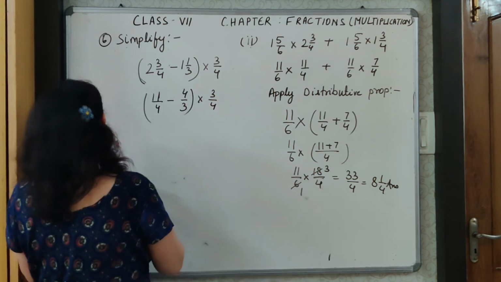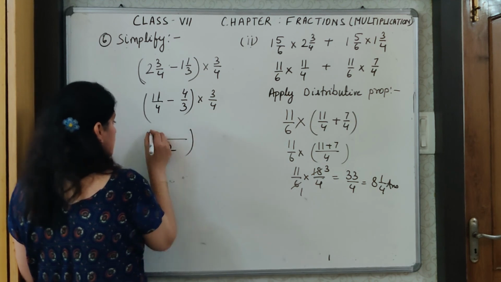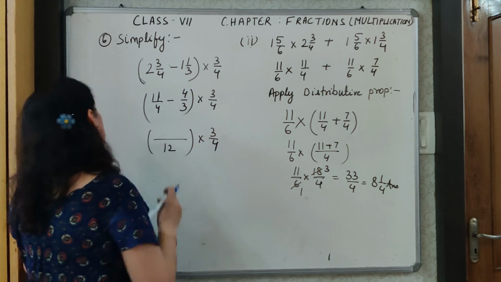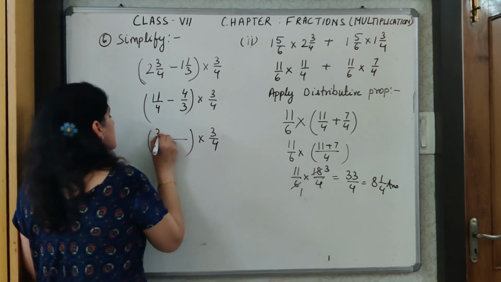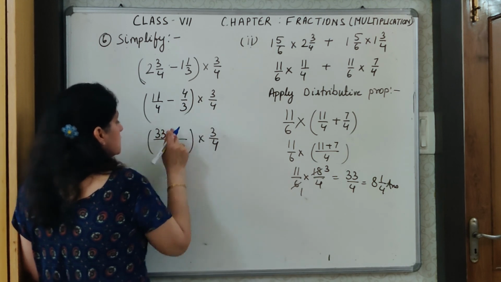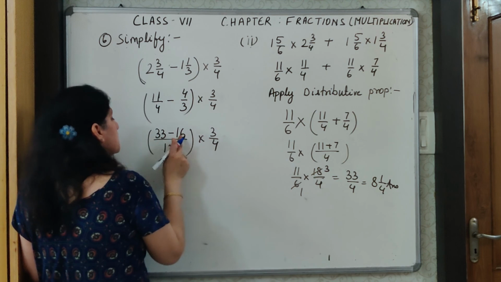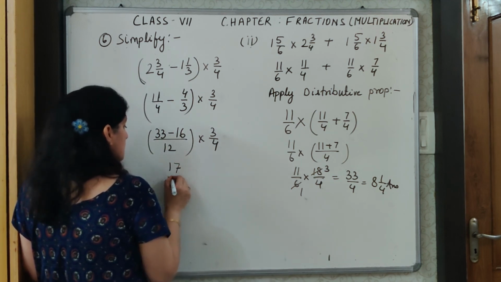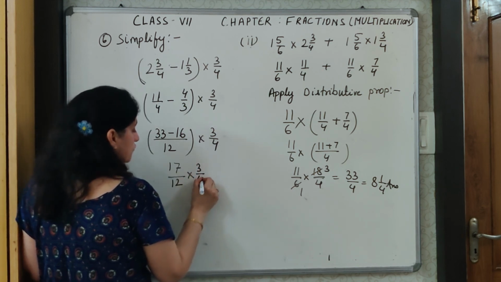What is the LCM in this particular case? LCM is 12. 4 into 3 is 12. So 11 3s are 33 minus 3 into 4, 4 4s are 16. 33 minus 16 is 17. 17 upon 12 into 3 upon 4.